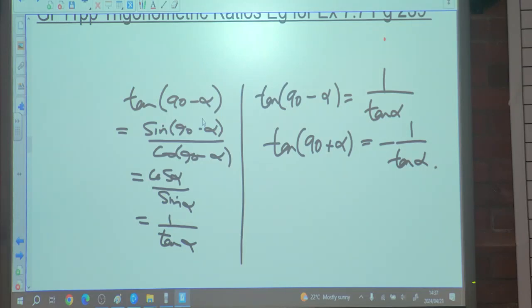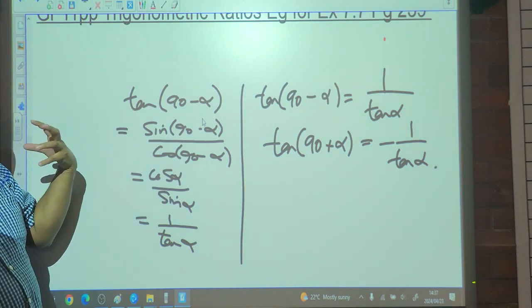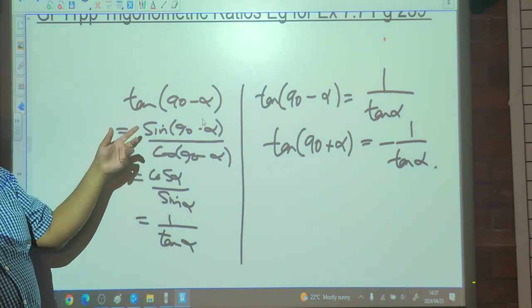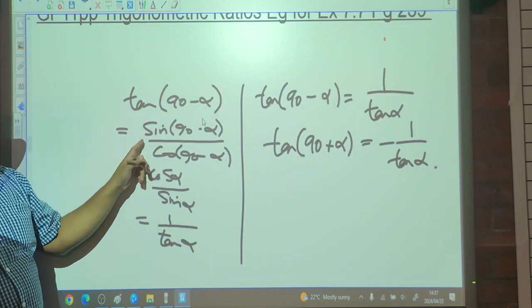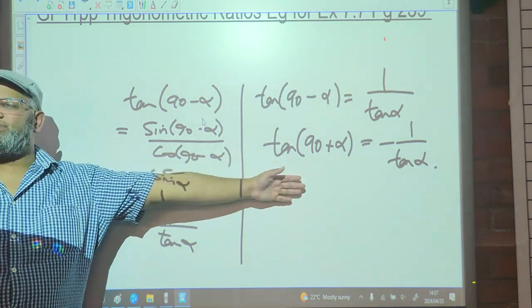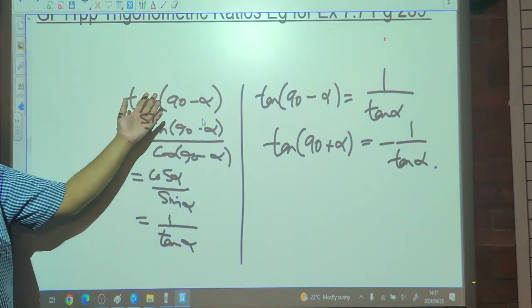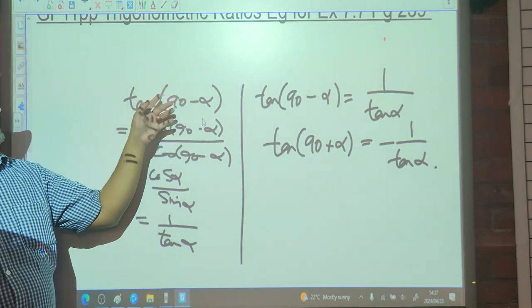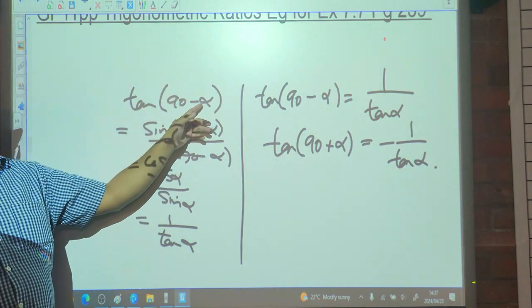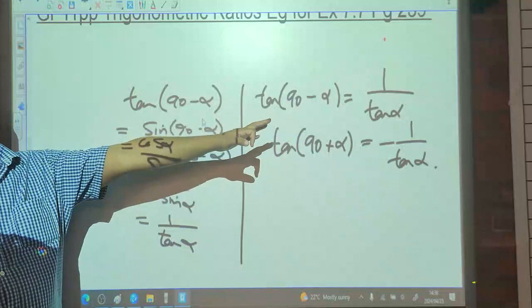As I said, you don't need to know this, but what I normally do is change tan to sine over cos and do my thing from here. Okay, so do you have to remember this? No. But because you asked that question, I just answered it. People, 270 is the same story. If you say tan of 270 minus alpha, that takes you to quadrant 3, so that's going to be 1 over tan alpha.